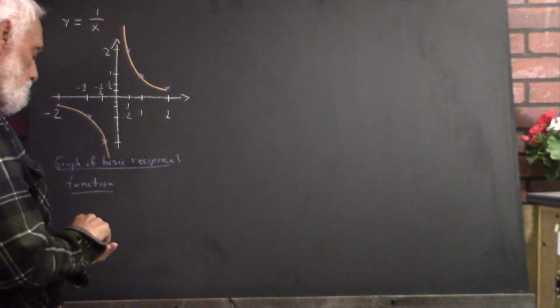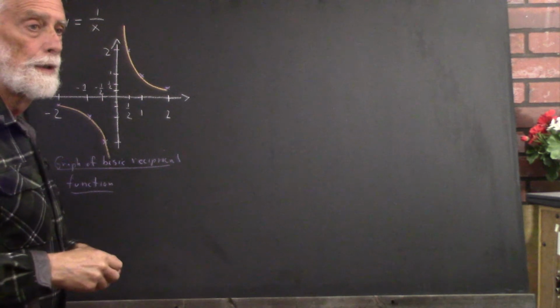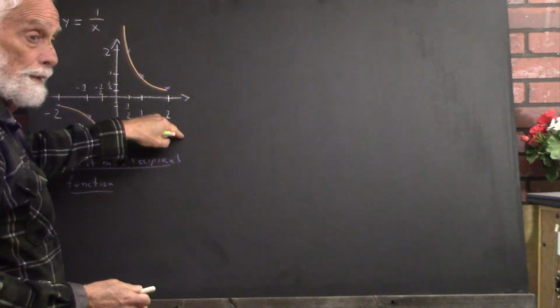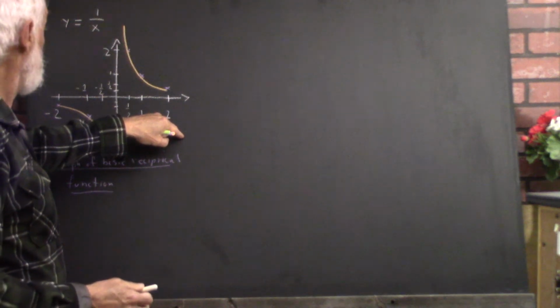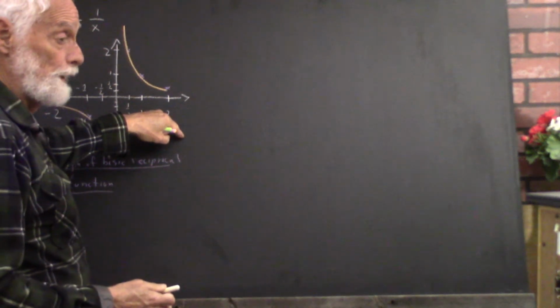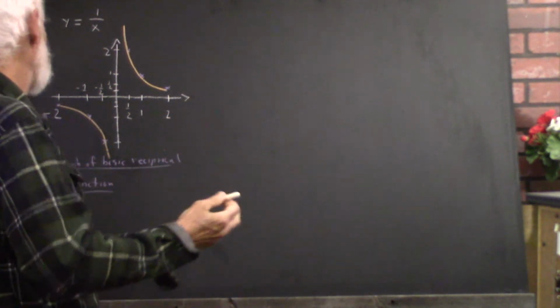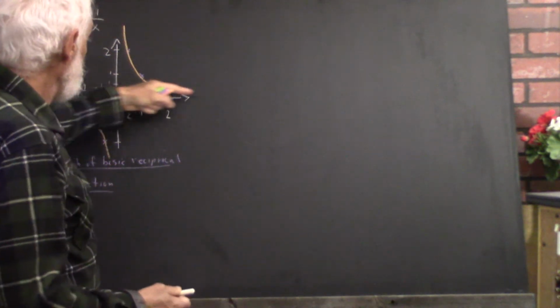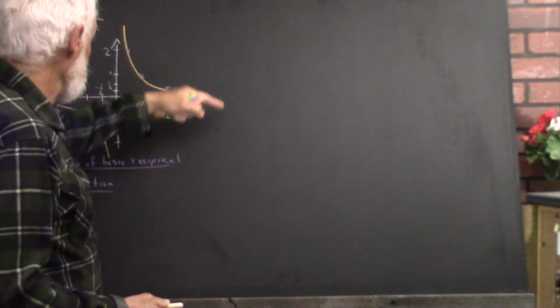Now, one error that people make if they try to extend the graph beyond the domain of the basic reciprocal function, they'll tend to level it off at this point.